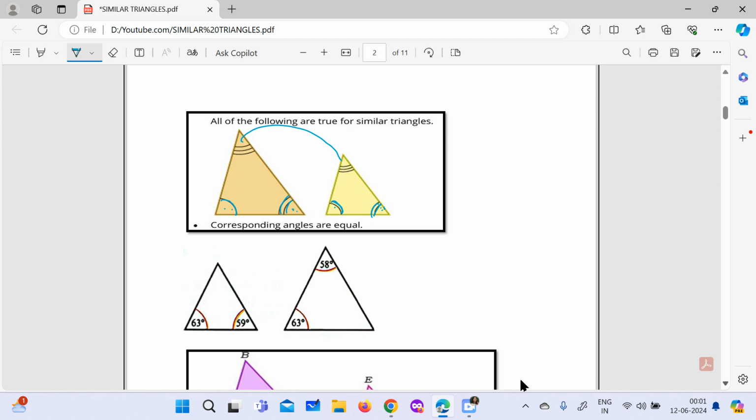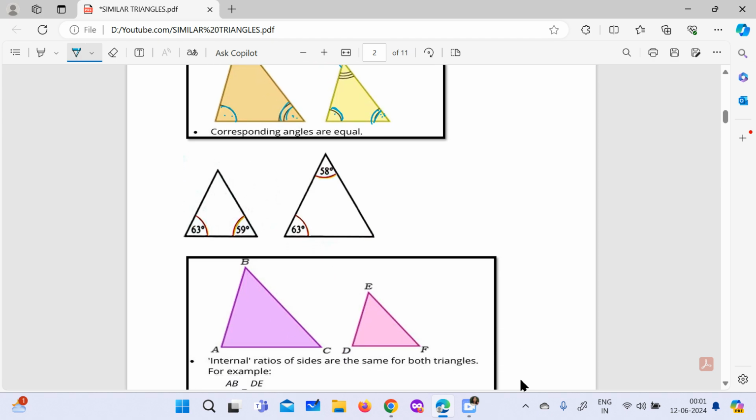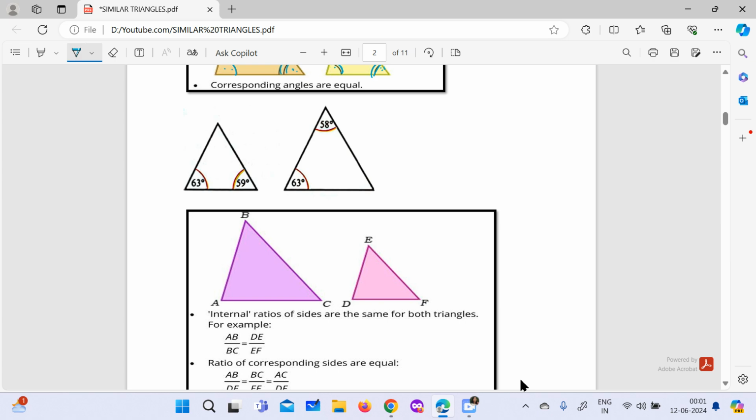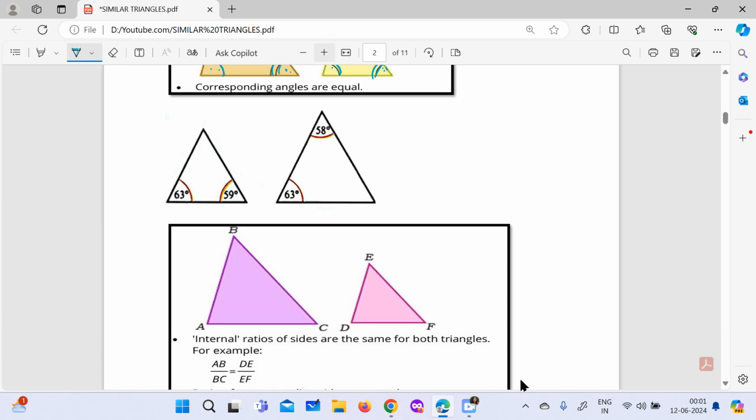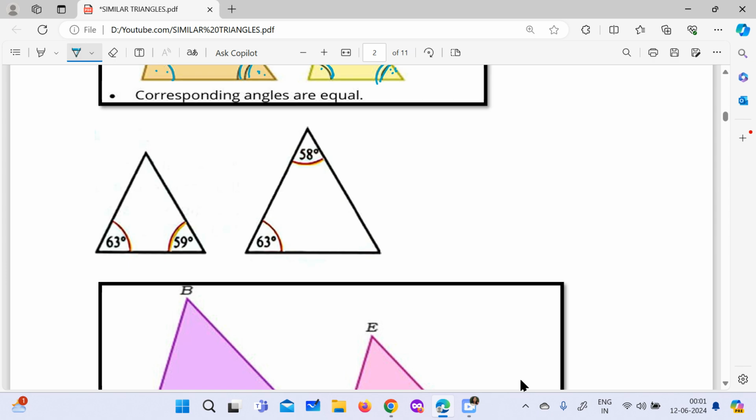Now let's work on this one. So we have here two triangles. We can check whether these two triangles are similar or not. You can see here we have 63 degrees, here we have 59 degrees. So obviously this we can find out.